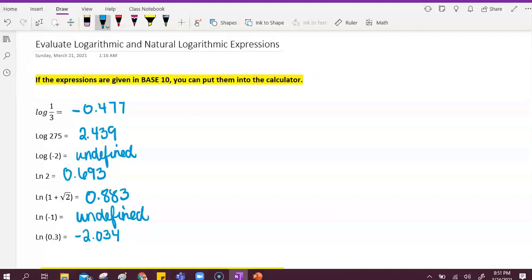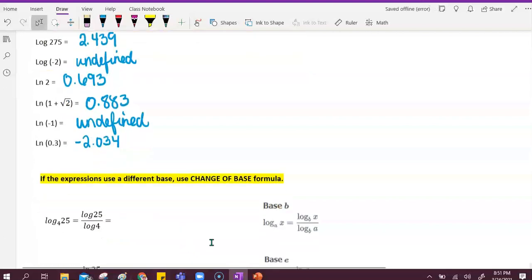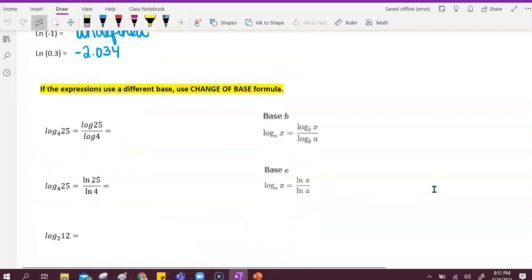Okay, so what do we do if they are not in base 10? If they're not in base 10, you are allowed to use a change of base formula, and the change of base formula is over here to the right. It says that you take the log of the x value and divide it by the log of the base.